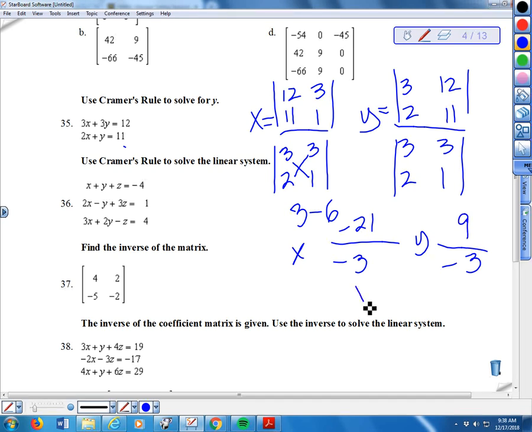So x is 7, y is negative 3. Wouldn't you switch the... Okay, so 3 times 1, but wouldn't you switch the opposite? It's 3 times 1, which is 3, and then you subtract the opposite. Oh, never mind. Wrong one.